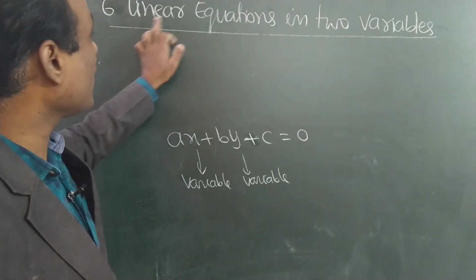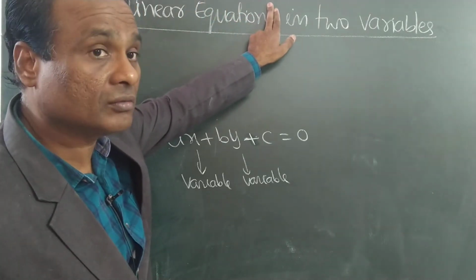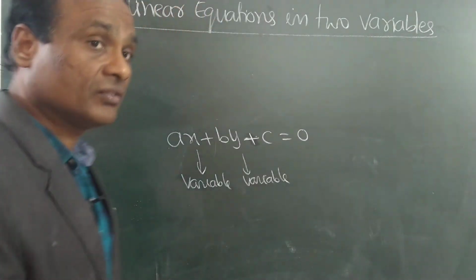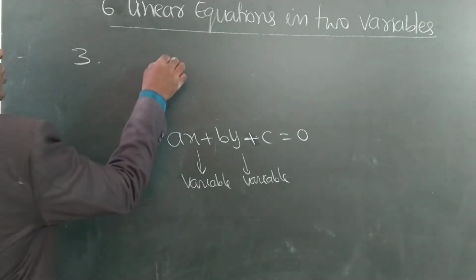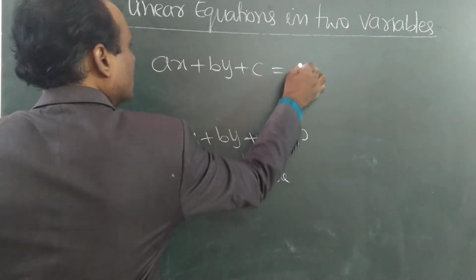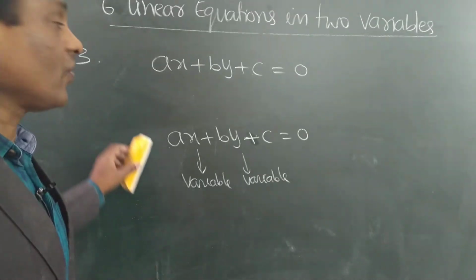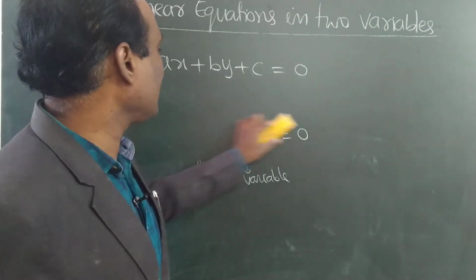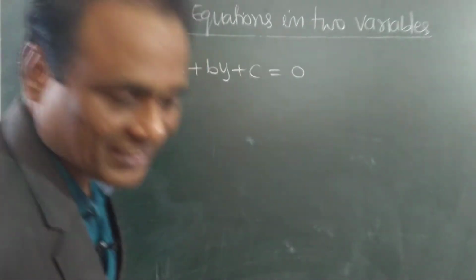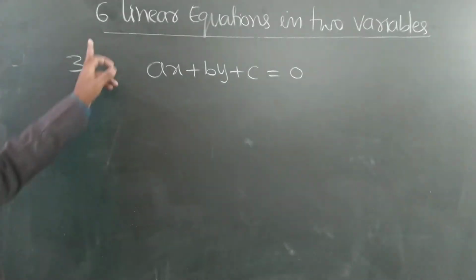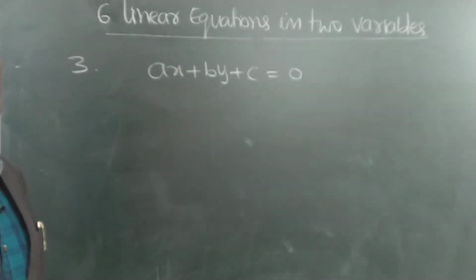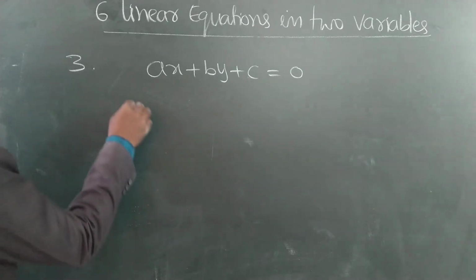The standard form of linear equation in two variables is ax plus by plus c is equal to 0.